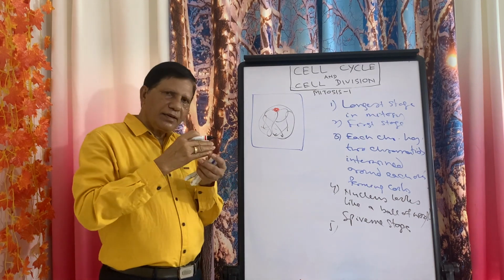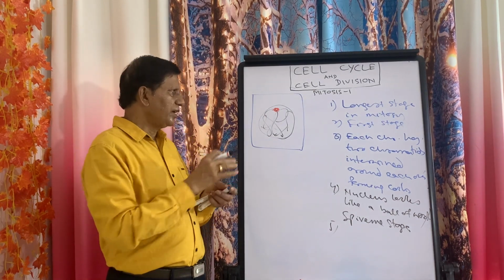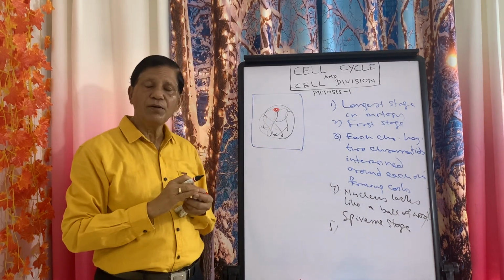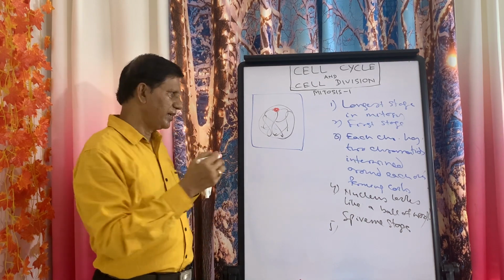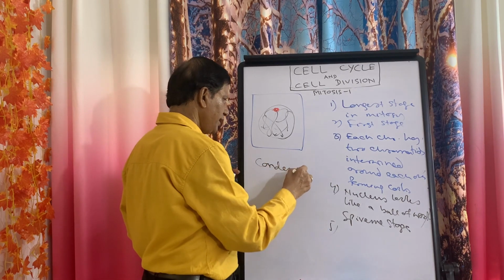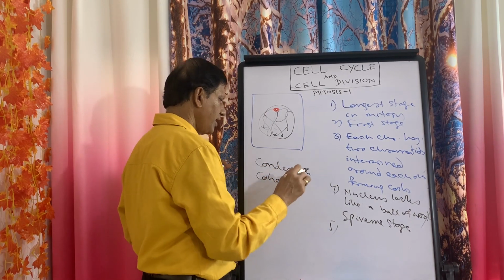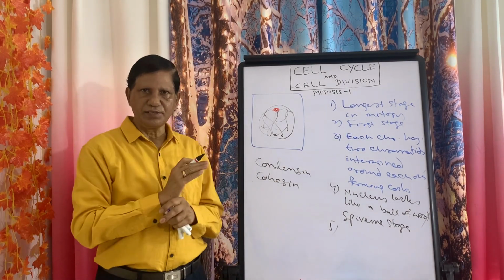Now the division of the chromosomes in the nucleus will start. Initially the chromosomes are very long. Now due to the presence of different types of proteins like condensin and cohesin, there will be contraction and spiralization.